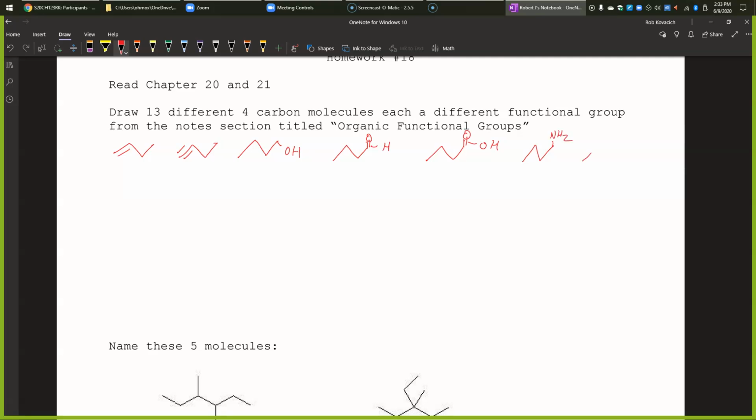There's an amine. There's an amide. Oops, that's too far. There's ether.